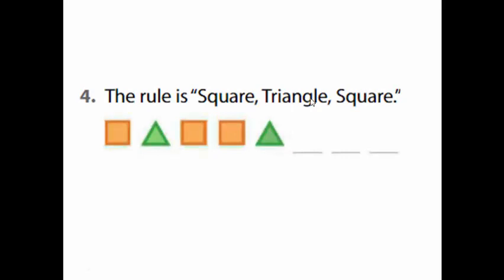We have here another example for question number 4. Now it's about shapes. We'll start by shapes now. We have the rule says square, triangle, square. Again, square, triangle, square.